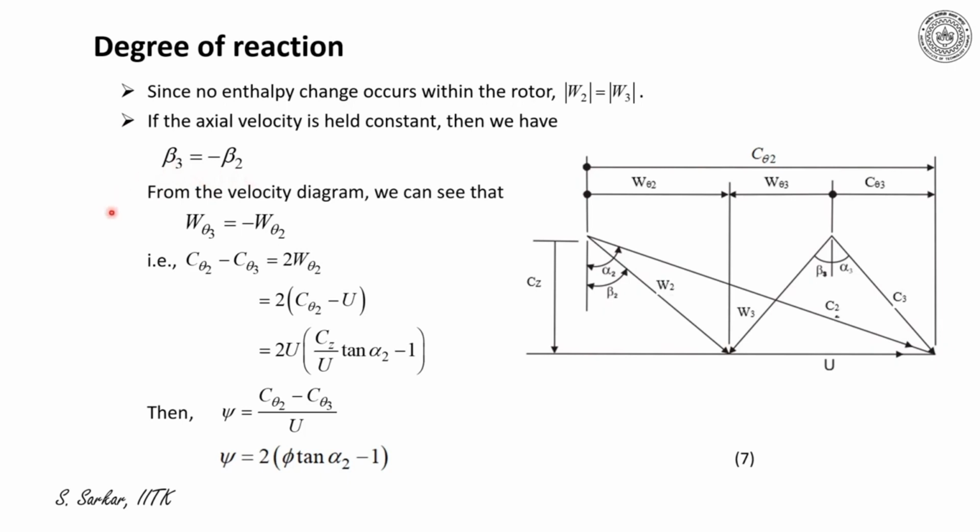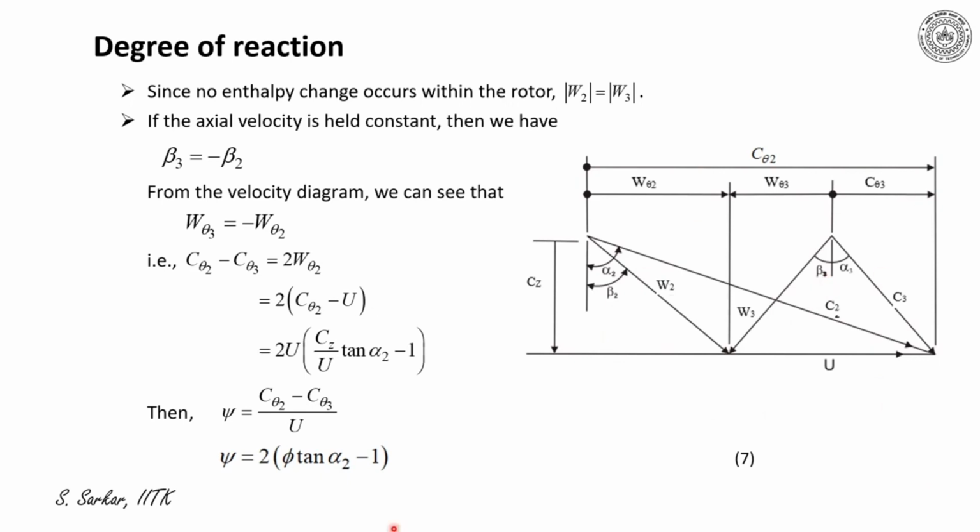Now following the velocity triangle, we can say W theta 3 is equal to minus W theta 2, since W2 is equal to W3 and beta 2 is equal to beta 3 in magnitude, but they are opposite in direction.